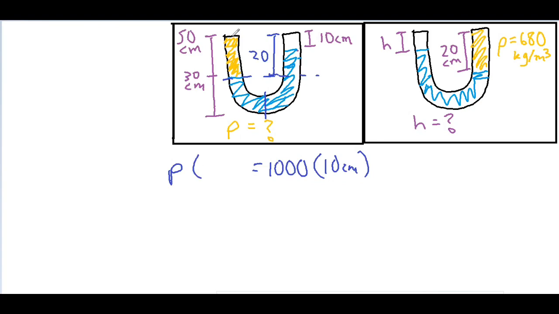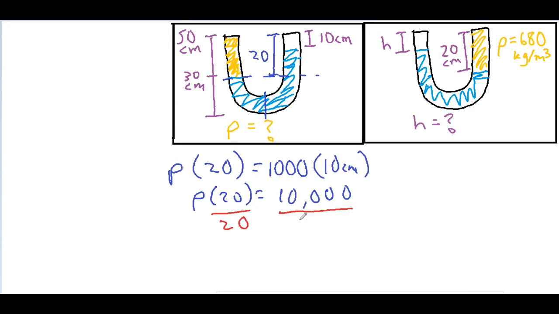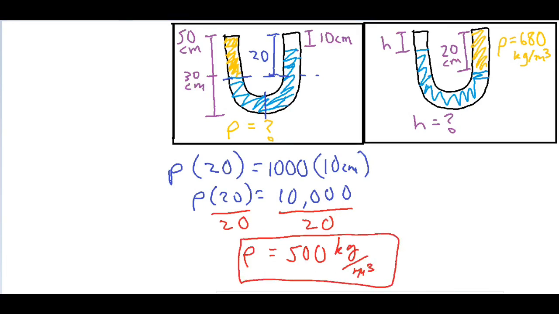And then we have 20 centimeters of that fluid above our reference line. So we have 10 times 1,000, we got 10,000 on this side, equals rho times 20, and then we can divide both sides by 20, and then we have a value of 500 kilograms per meter cubed.